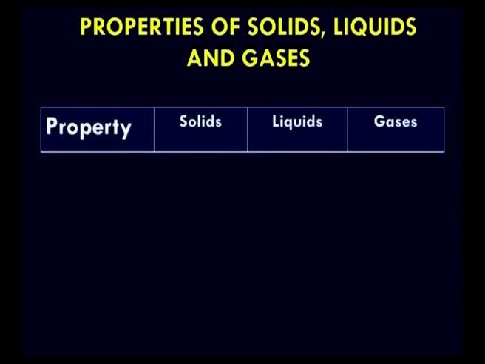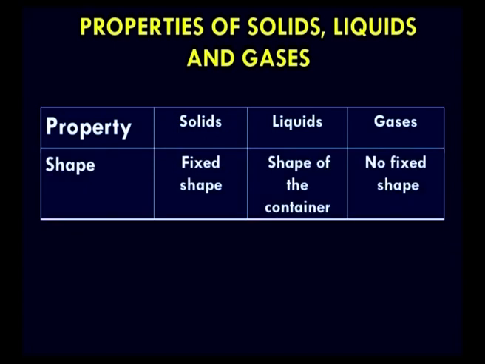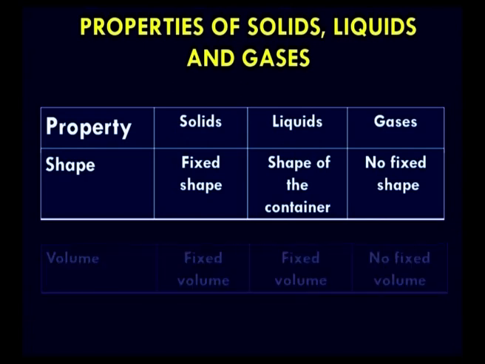Now let us discuss the properties of solids, liquids and gases. Property: solids, liquids, gases. Shape: solids have fixed shape, liquids have the shape of the container, gases have no fixed shape.